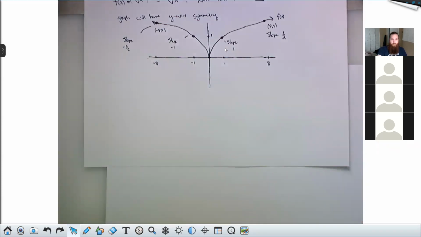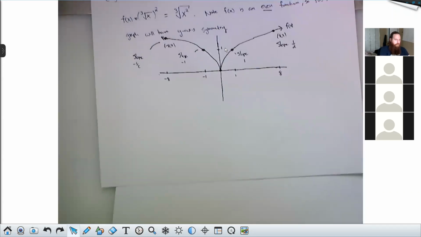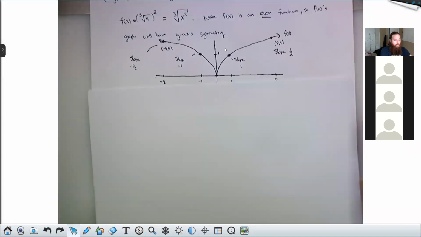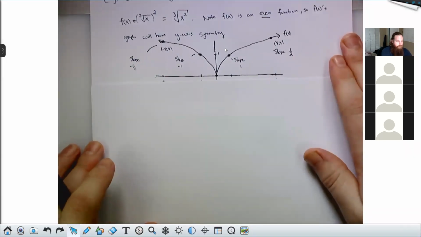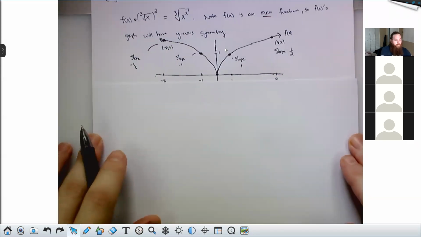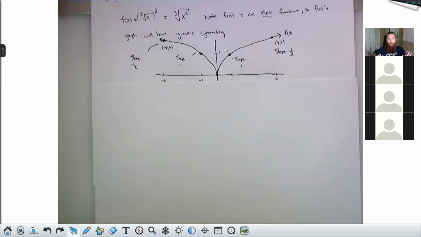If you have a formula for f prime, if you take the derivative, then of course you can use that to draw the graph of the derivative. But the point here is to learn the geometry, to learn how to visualize the graph of the derivative given the graph of the original. And there are a number of homework problems where I just give you the graph. I don't give you any algebra for the function, either the original or the derivative. So you need to be able to do this.